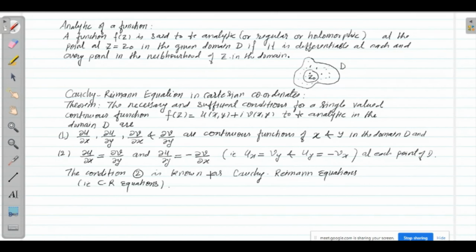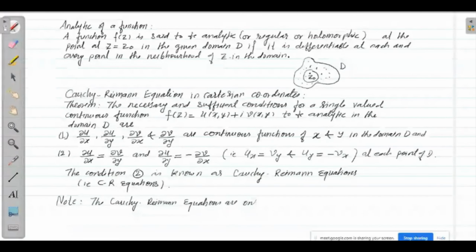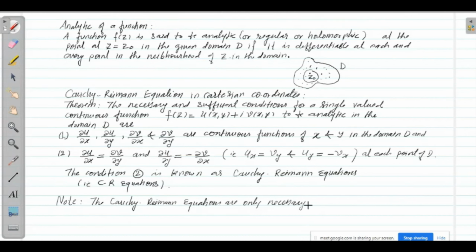Before doing problems, we must first note an important point: the Cauchy-Riemann equations are only a necessary condition for a function to be analytic, but not sufficient.